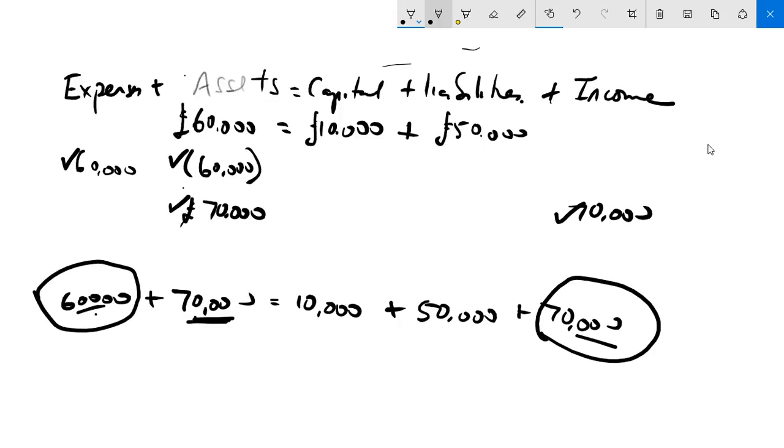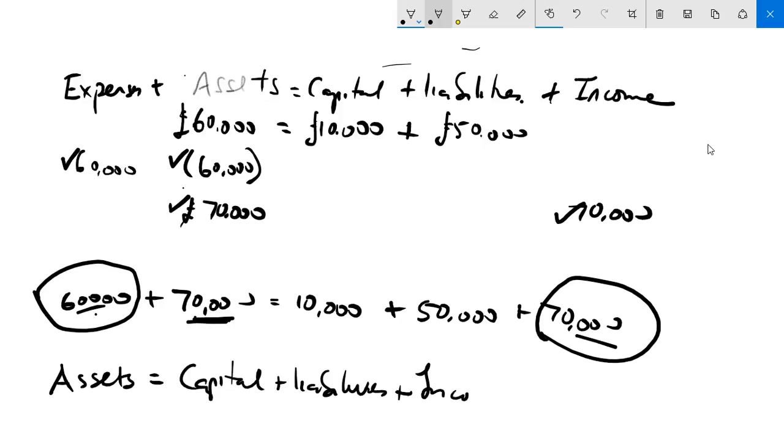And if I was to rearrange this equation up here, I would have assets being equal to capital plus liabilities plus income minus expenditure.